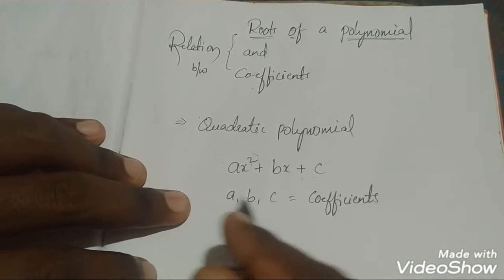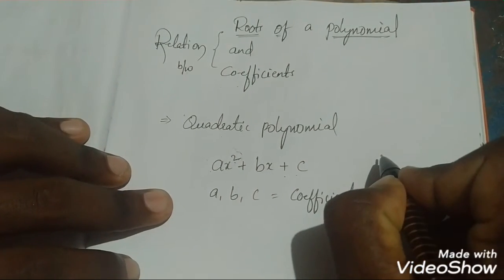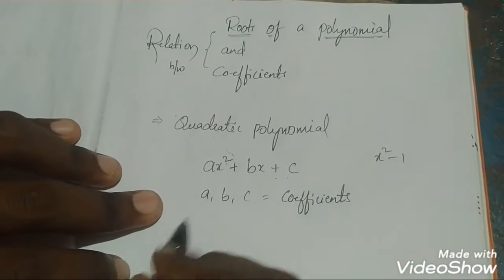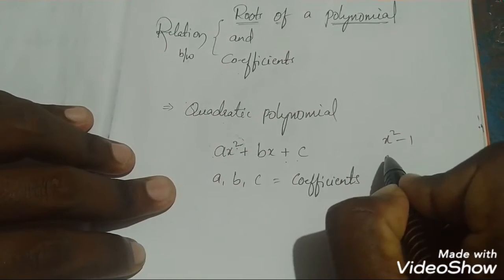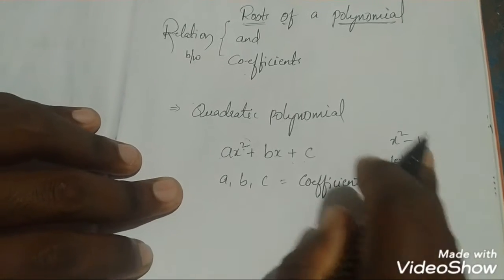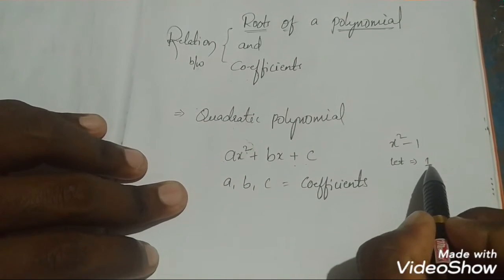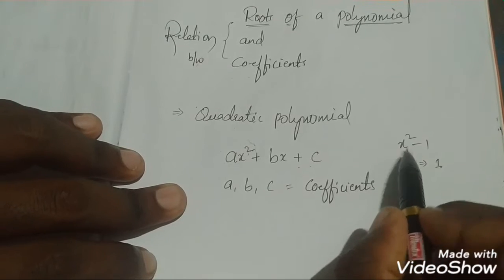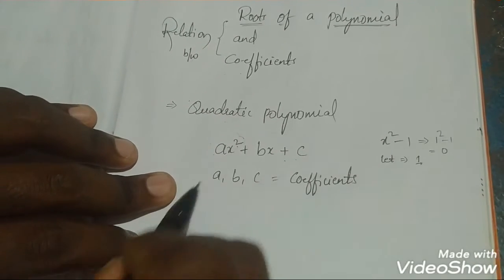Let us take one example: x square minus 1. This is a polynomial. How to find the roots? Let us assume 1 is a root of this polynomial. As I said, roots are the values which, when substituted in place of x, make the value 0. 1 square minus 1 is 0.